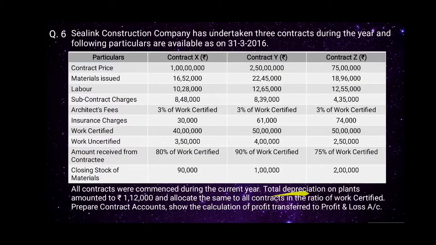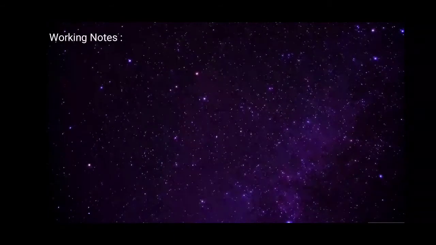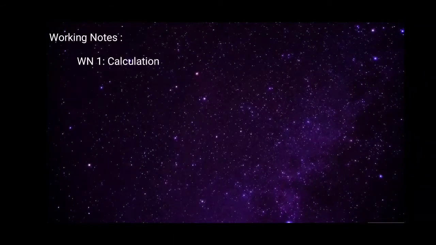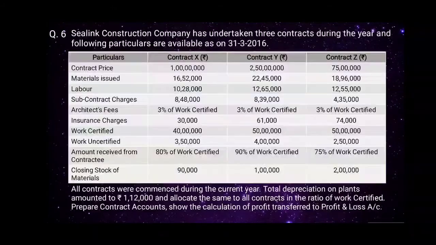Next, total depreciation on plant amounted to rupees 1,12,000 and allocate the same to all contracts in the ratio of work certified. So we'll record depreciation on plant on the debit side. We need to prepare working notes for calculation of depreciation. So working note number 1, calculation of depreciation on plant, work certified ratio, which is 4:5:5.